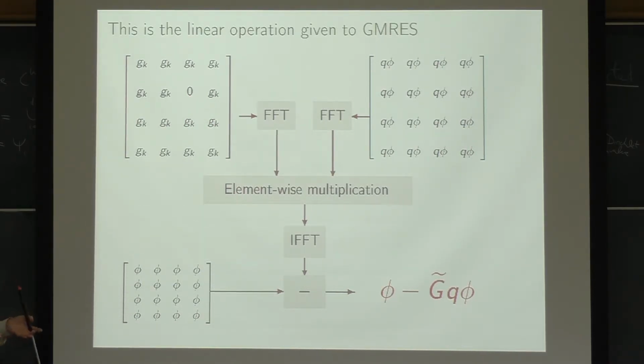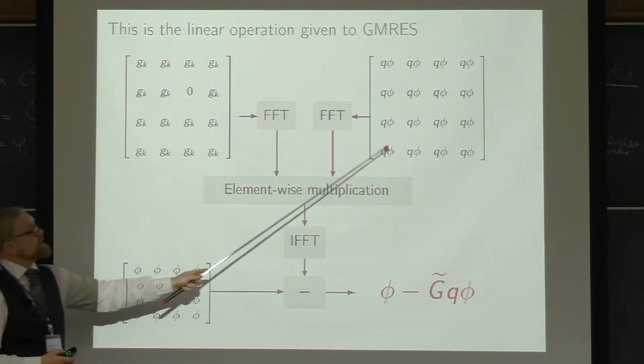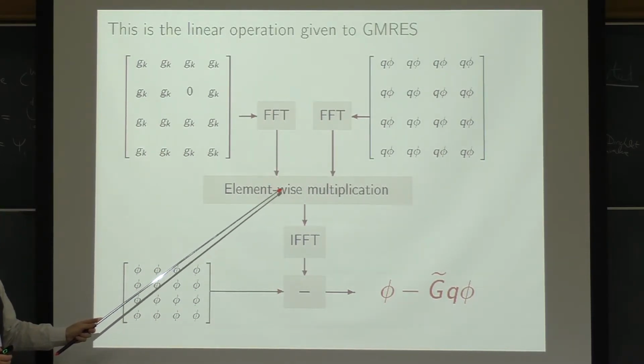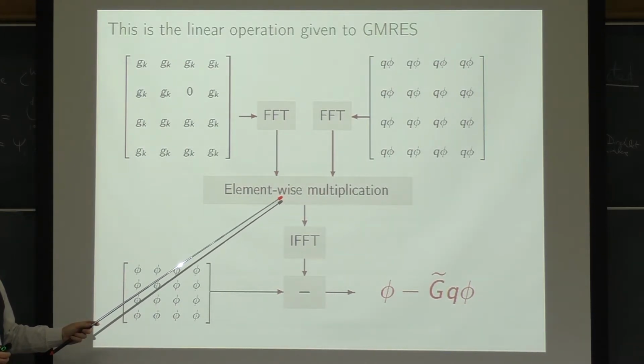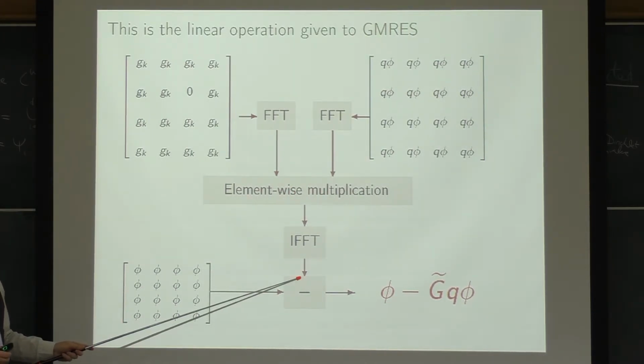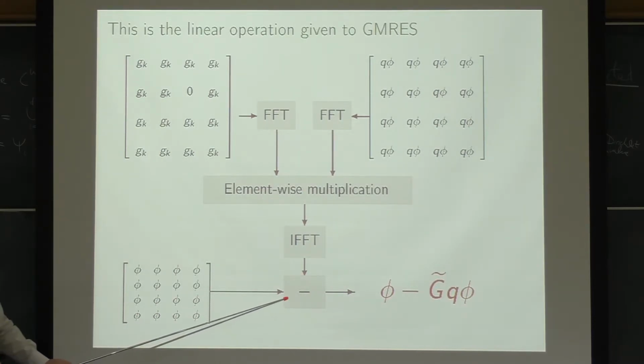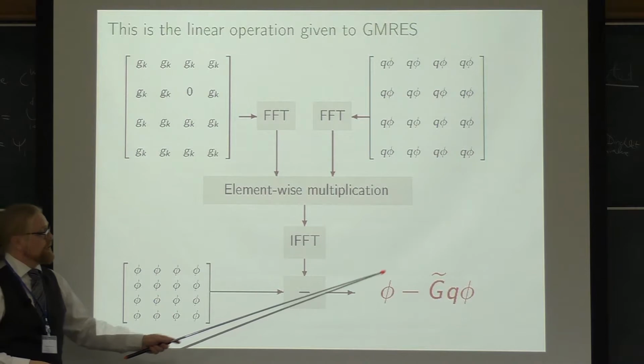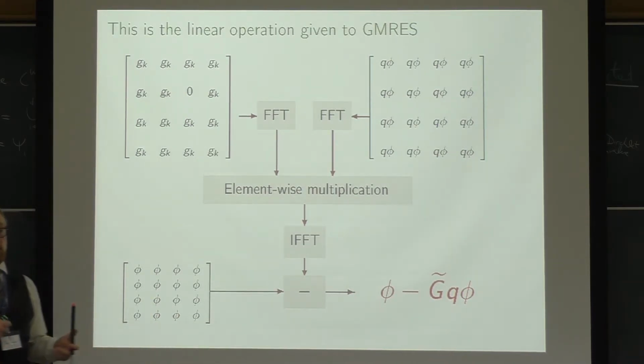When we refine the grid, the error caused by this will go to 0. Then we FFT this matrix, and we FFT this matrix, multiply them together pointwise and inverse FFT. This is convolution. And then this one comes here with a minus sign. So this is actually the implementation of that operator.